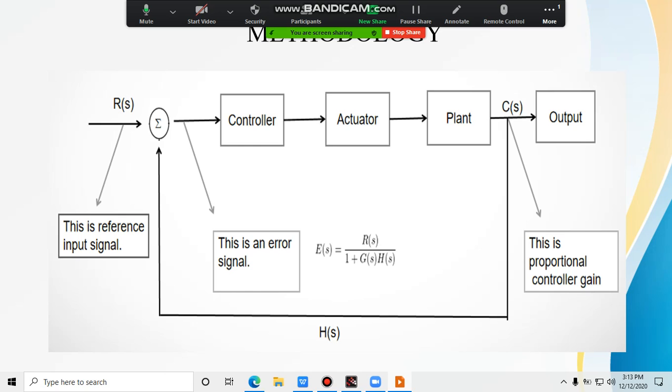In this lab we will discuss R(s), the reference input signal, and the relationship between the reference input signal and the steady state error, and we will also discuss the proportional control gain, that is C(s), with the steady state error. We can see here the input goes to the error, then to the controller, actuator, plant, and output.